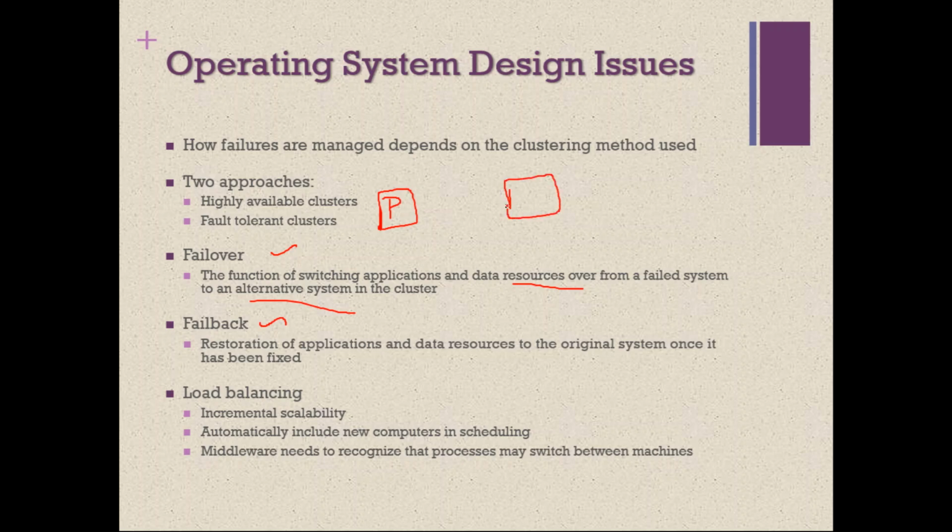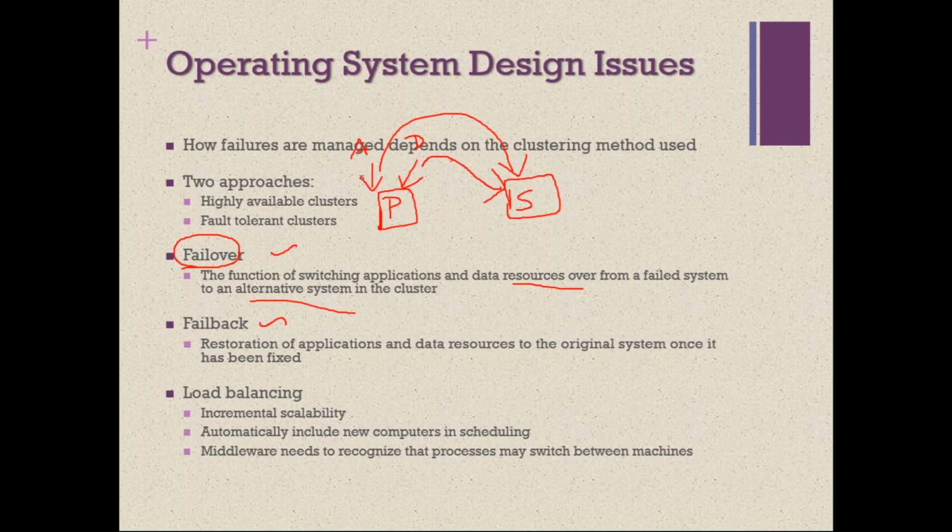What does taking over mean? Whatever applications and data were handled by the primary server previously should now be given to the secondary server. The process of handing over the applications connected with the primary server, and the data resources connected to the primary server, to the secondary server is called failover.